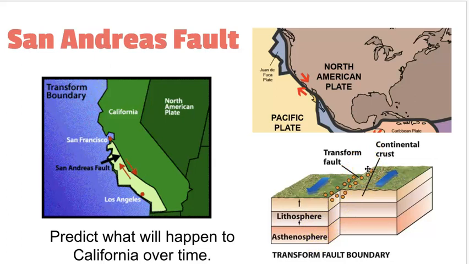And we end up with all kinds of different formations. Sometimes we can see mountain ranges. Sometimes we can see big, deep cracks in the ground as a result of this. But we definitely will experience heavy-duty earthquakes from this. Think about what that means for California over time as this plate begins to move up with a big part of California and this plate moves down with another big part of California.